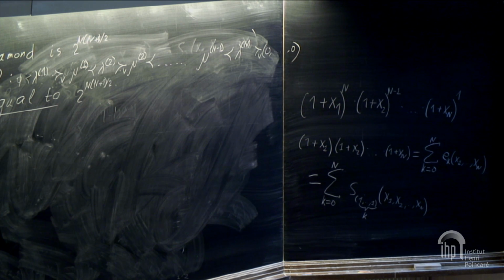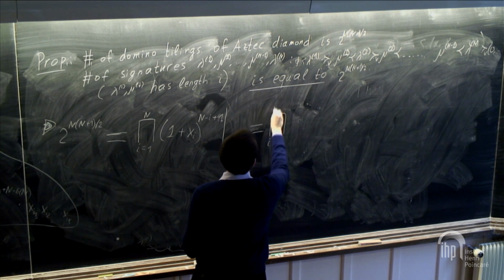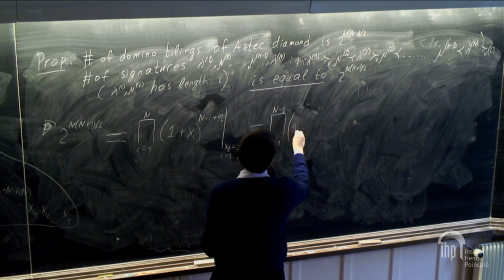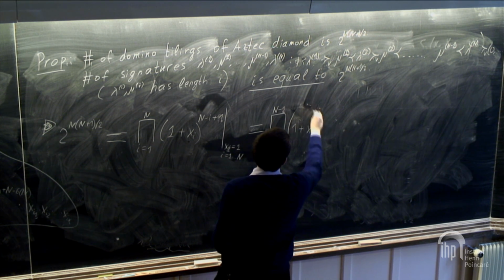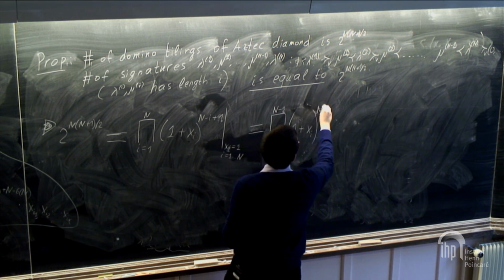I do not touch the product from 1 to n minus 1 of 1 plus xi; I just take one factor, so it will be n minus i.